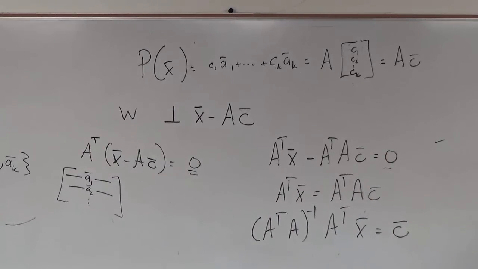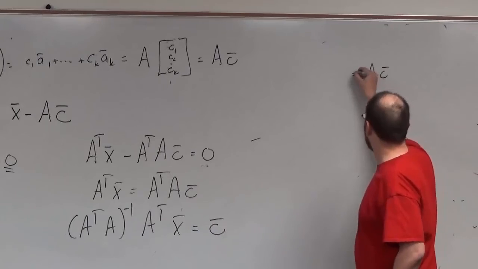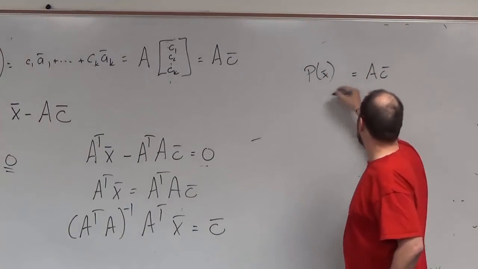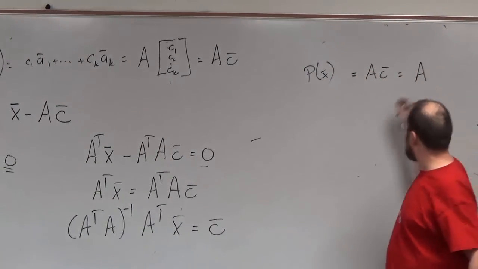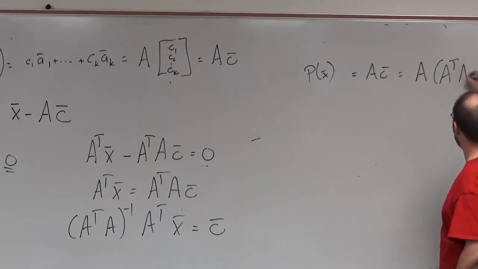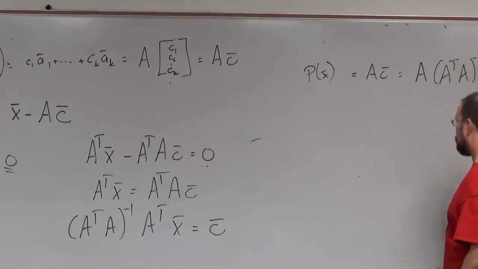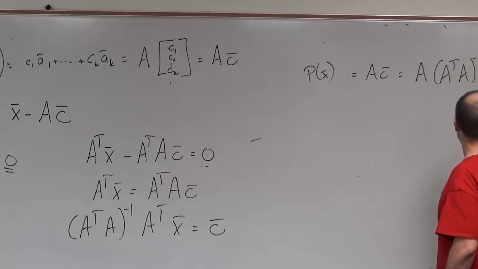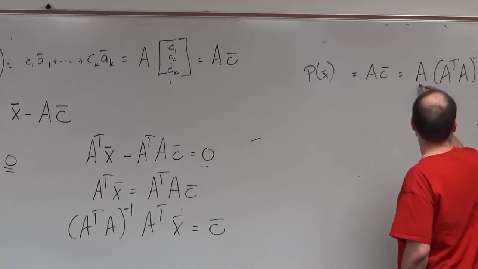So if I now multiply A times C, I will get my projection. But A times C is A times all this business.